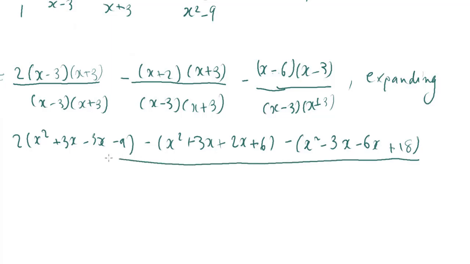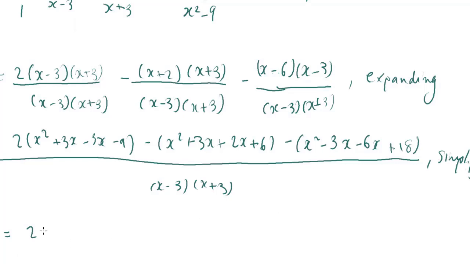This is all over x minus 3, x plus 3. And then we can just start to see that we can start to simplify.